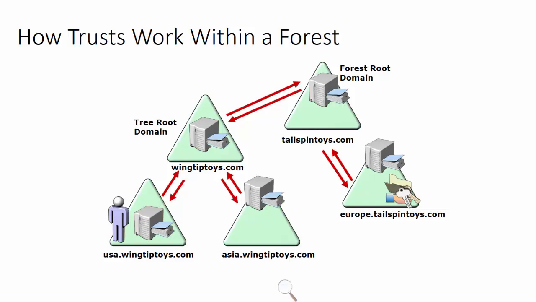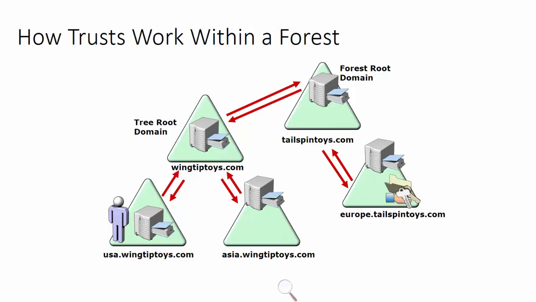A single domain is a tree also. But how is the trust working? When we talked about the tree domain, we said the root domain of the tree has a two-way trust relationship with the root domain of the parent domain.